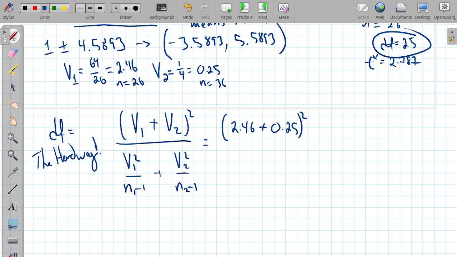We'll square that. Now down here we're going to have V1 squared. That's 2.46 squared over 25. And this is going to be 0.25 squared over 35. Let's simplify the numerators and denominators now.